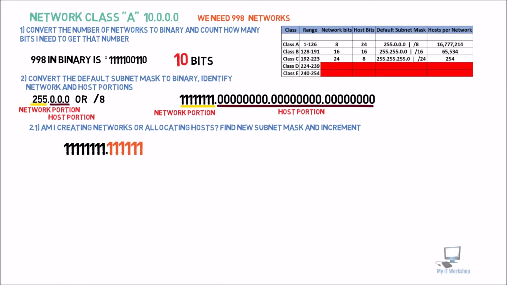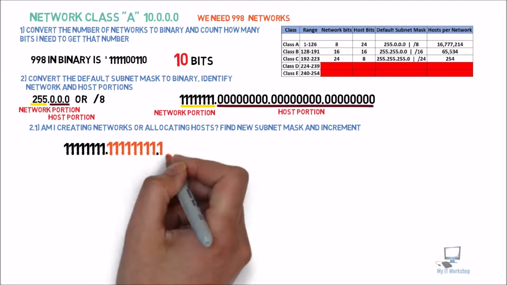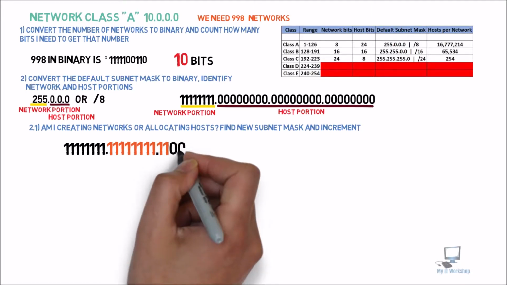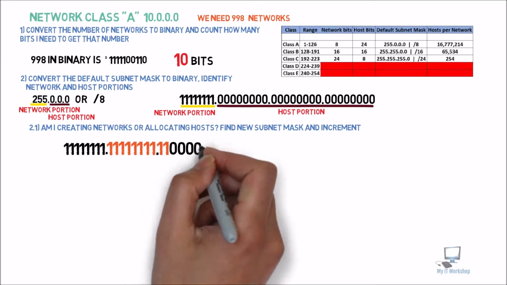Don't forget, the network portion is represented by ones. In this case, I don't have any more space in the second octet, so I have to go to the next one to complete my 10 bits. And the rest, I'm going to complete with zeros.